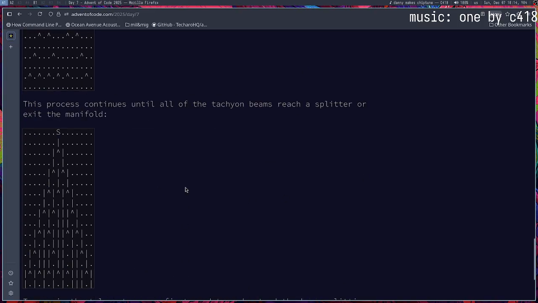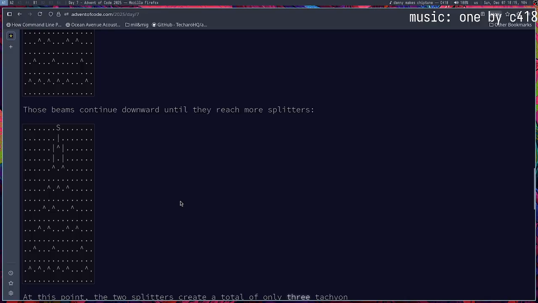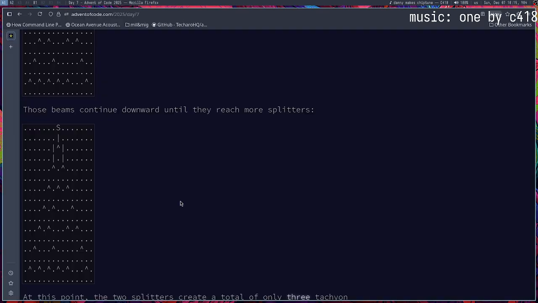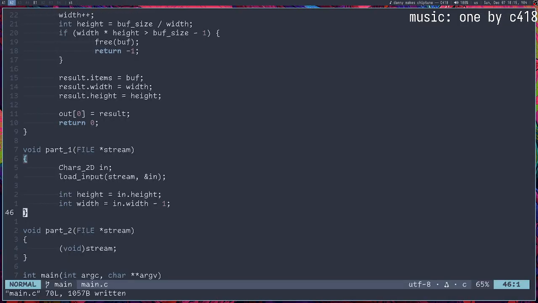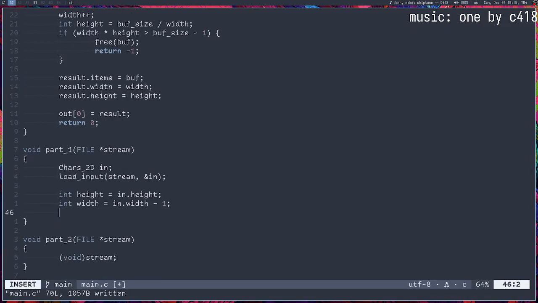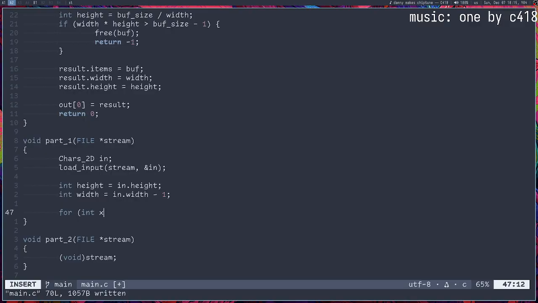So I probably just want to emulate this entire thing. I'm not even sure if it's only going to be a part 1 thing. Okay, so let's start from the second line. So for int x equals 1, because we index starting from 0. Wait, no, that would be height.